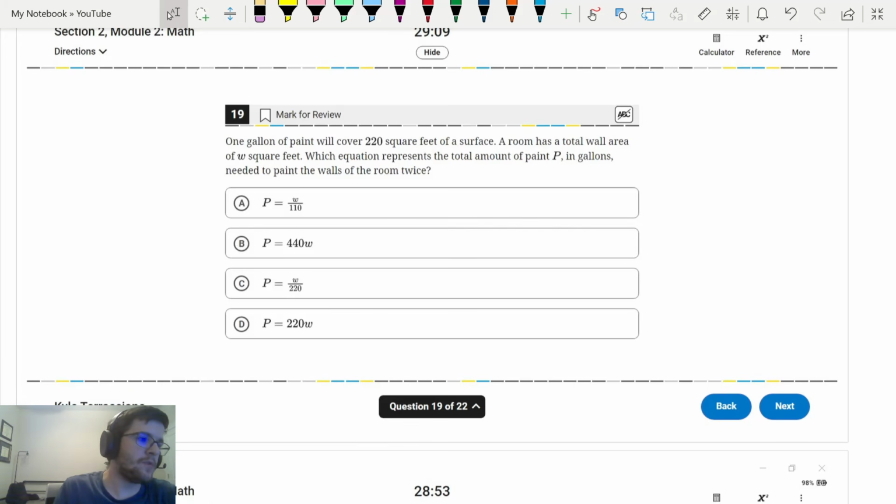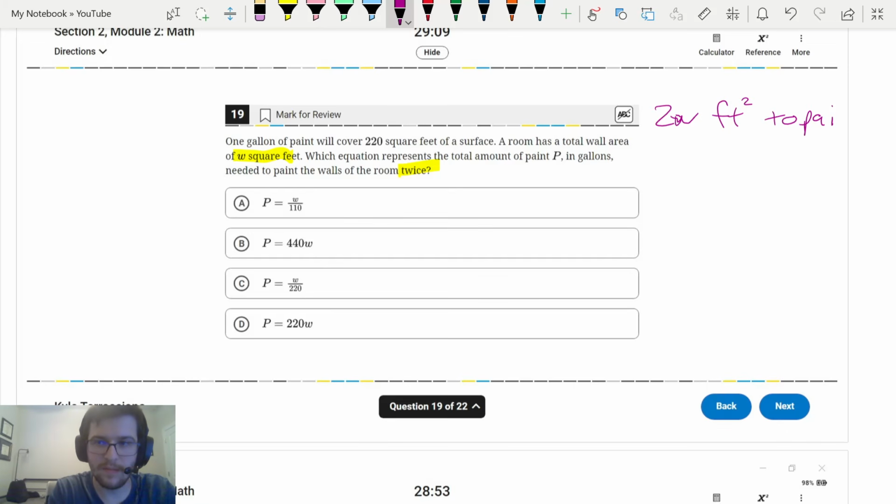Okay, so a room has a total wall area of W square feet, and they want to paint the room twice. So that means the total area is 2 times W, feet squared, to paint. And we want to know how much in gallons is needed to paint the room.